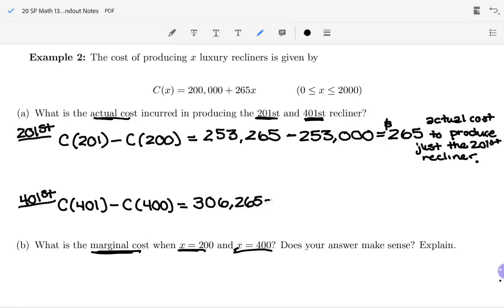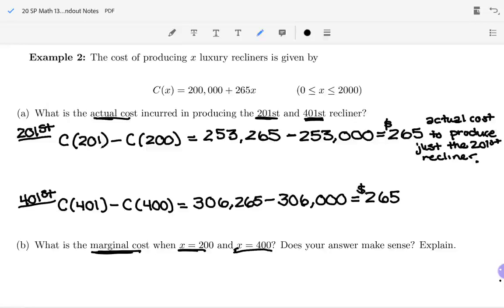That's for all 401 because we plugged into the total cost, minus the total cost for 400. 200,000 plus 265 times 400 in your calculator should give you $306,000 as your total cost for producing 400 recliners. So you subtract those and see that the difference in adding one more recliner in there, the difference is $265.